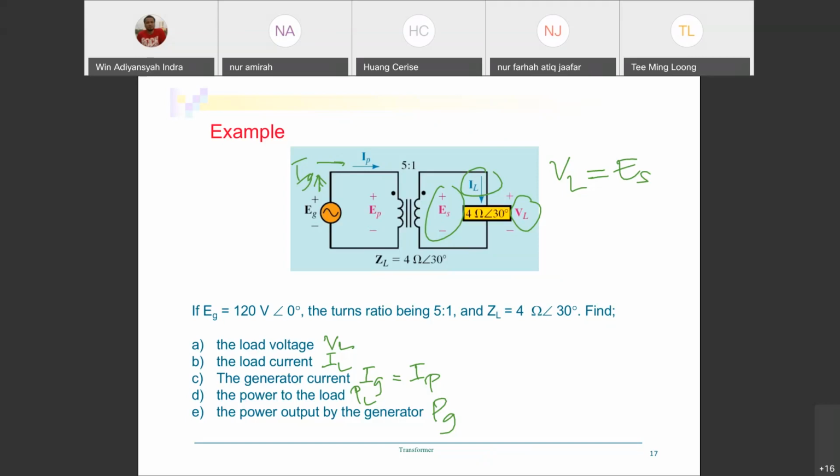From the equation ES over EP equal to NS over NP. A, the turns ratio, is equal to NP over NS. So if we want to find ES, ES will be equal to EP over A.